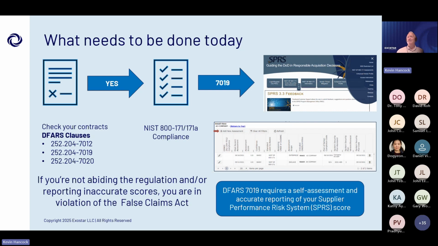7019 is the clause that says, okay, I receive CUI, I safeguard it in accordance with NIST 800-171, and I do a self-assessment. You're required to do a self-assessment and score yourself based on that self-assessment. You use the NIST 800-171A, that's the assessment guide, to create that score.